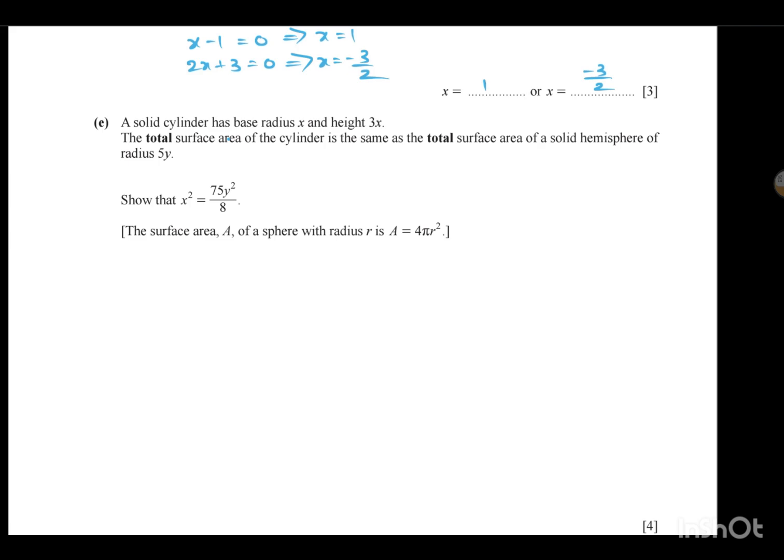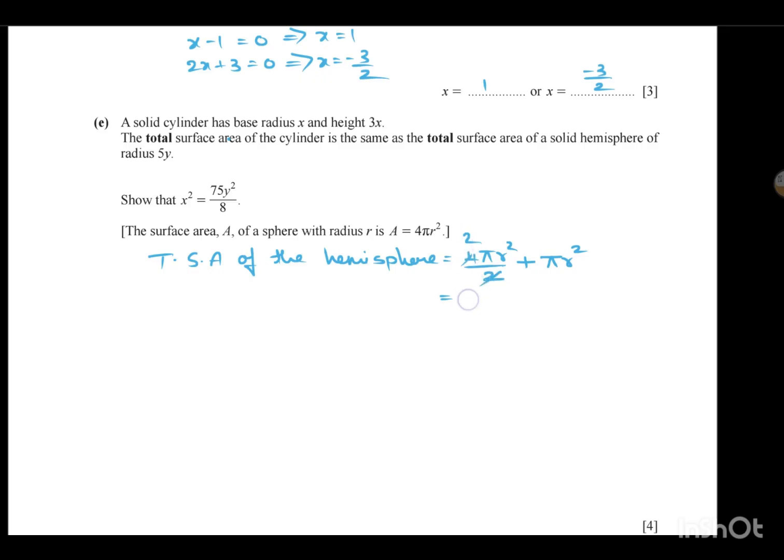And they also gave us the total surface area of the sphere. So here it is hemisphere, so total surface area of hemisphere will be 4 pi r square, which is half of that, plus the area of the circle of the hemisphere. That will be the total surface area.